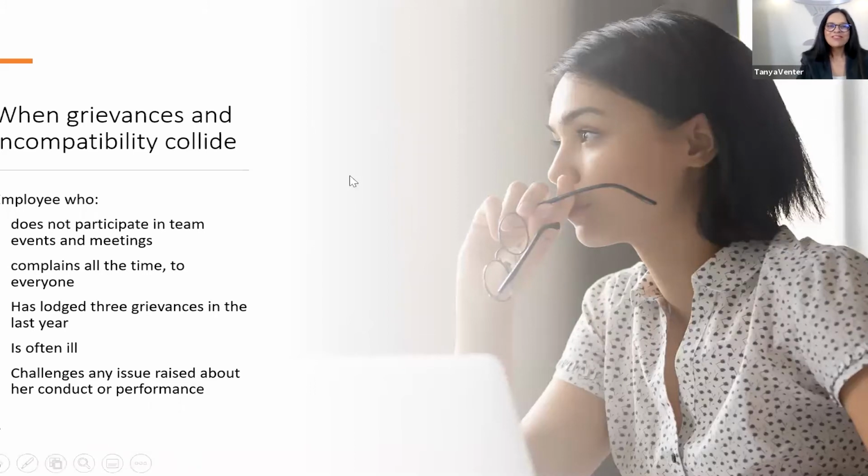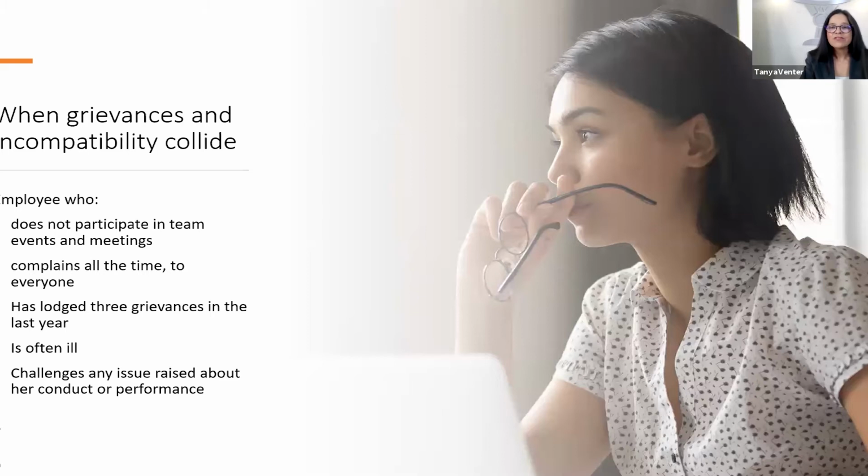We call it when grievances and incompatibility collide. This is an employee. Let's call her Candace. Candace does not participate in team meetings and team events. When she is there, she's not present and doesn't actually engage in the topics that are being discussed, and is often simply not there.